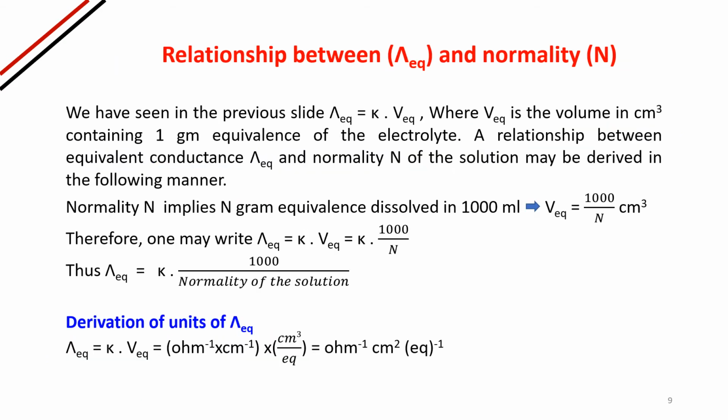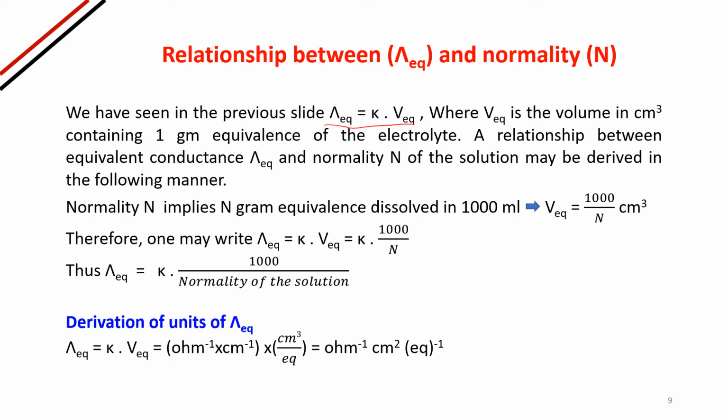Relationship between lambda equivalence and normality N. We have seen in the previous slide that lambda equivalence is equal to kappa into V equivalence, where V equivalence is the volume in centimeter cube containing 1 gram equivalence of the electrolyte.